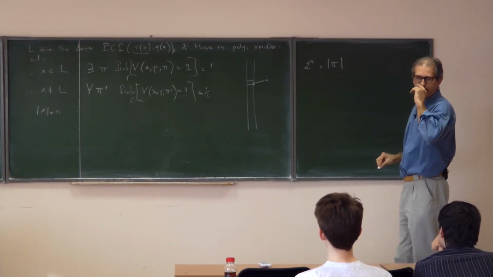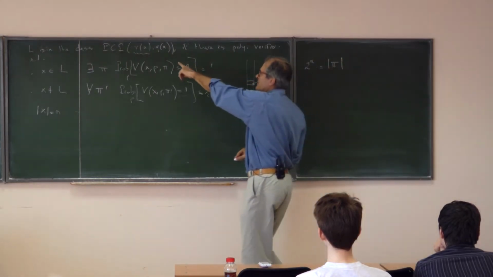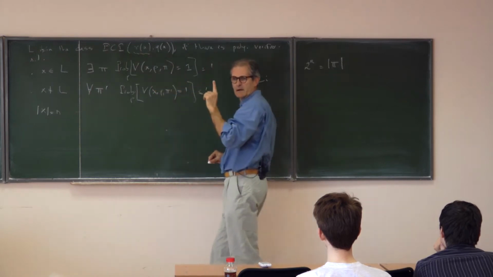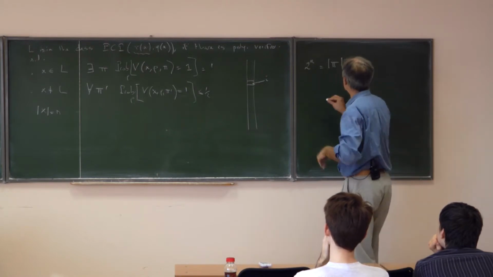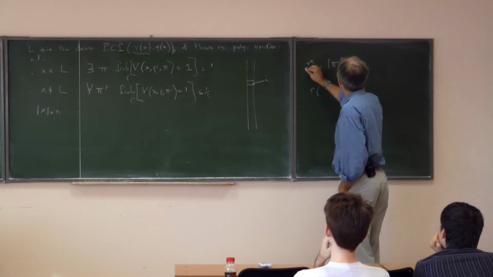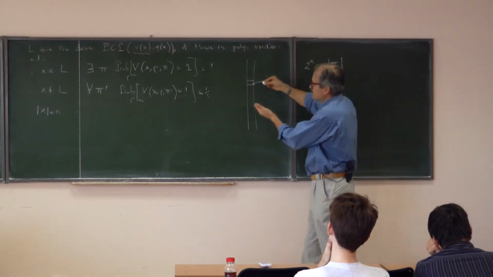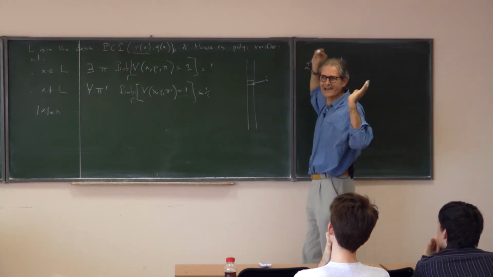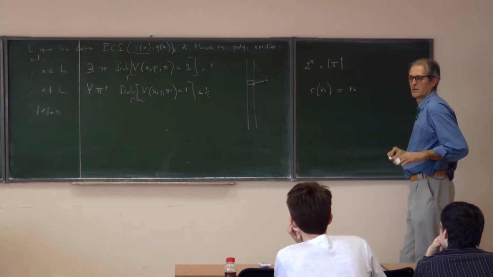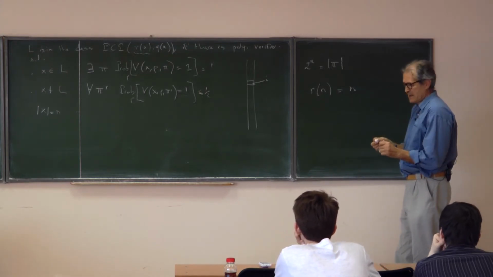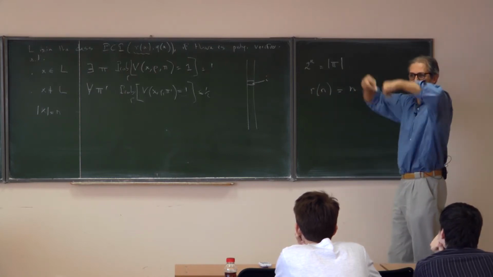So what is the constraint on R? R cannot be, for example, log n. If the length is 2 to the n, and you suppose that you can address any position, then R(n) is going to be n, because you need n random bits. With n random bits, you have a position between 0 and 2 to the n.